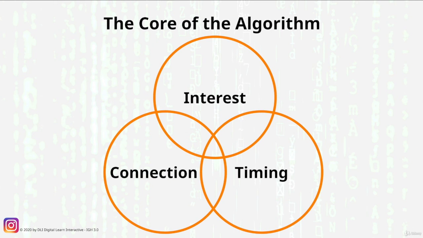So the core of the algorithm is the interest, the timing, and the connection. If you are only good in one or two of them, that's not enough. You need to work on a combination of the interest, timing, and connection to hack the algorithm, so that the algorithm will help you and boost your content, so that you will reach much more people.